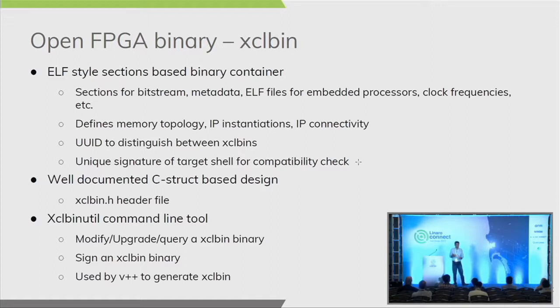They will start showing up in xclbin. And these are well-defined C structures in the xclbin.h header file. XRT ships with the xclbinutil command line tool to explore xclbins, to create xclbins, and to change xclbins. In fact, V++ internally uses xclbinutil to assemble the xclbin as a binary.